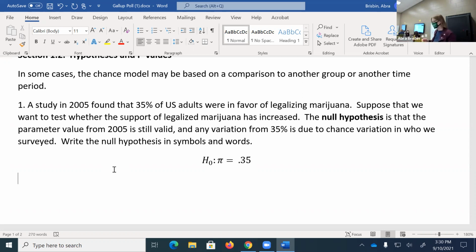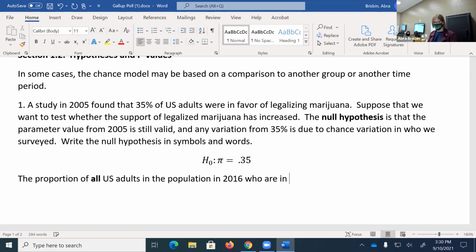So I think it's clearer to say the proportion of all US adults in the population in 2016 who are in favor of legalizing marijuana is 0.35.